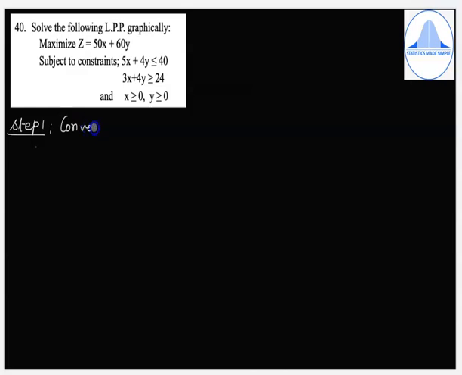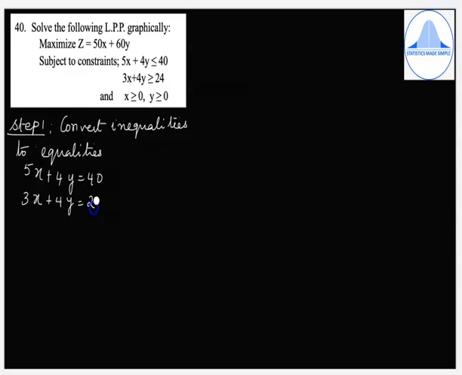Convert inequalities to equalities. So 5x plus 4y is equal to 40 and 3x plus 4y is equal to 24.